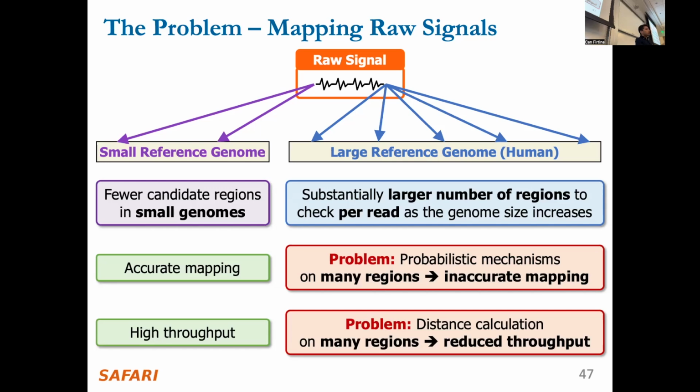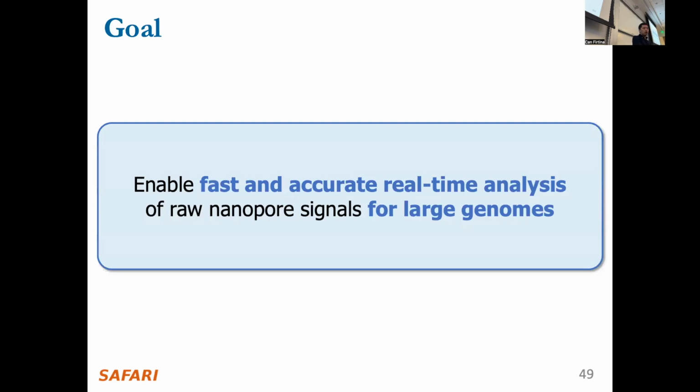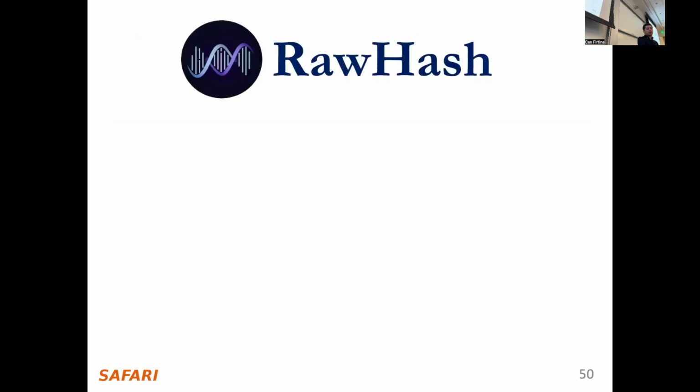But again, when you're working with a larger reference genome, that sort of distance calculation becomes too costly, so that the analysis itself stops being real time. So we find that the existing solutions are either inaccurate or inefficient for large genomes. And our goal is to solve this problem by enabling fast and accurate analysis.